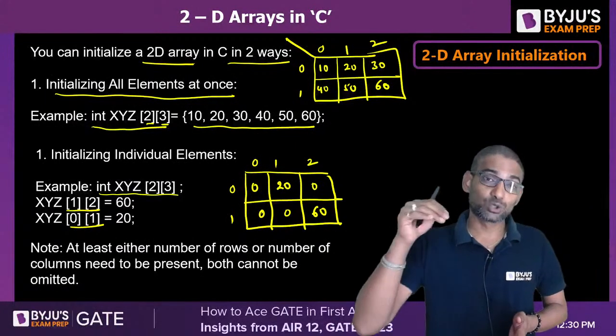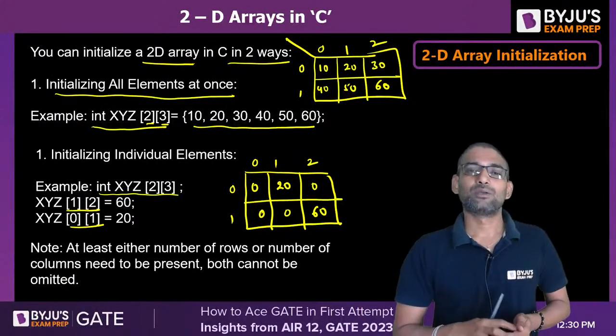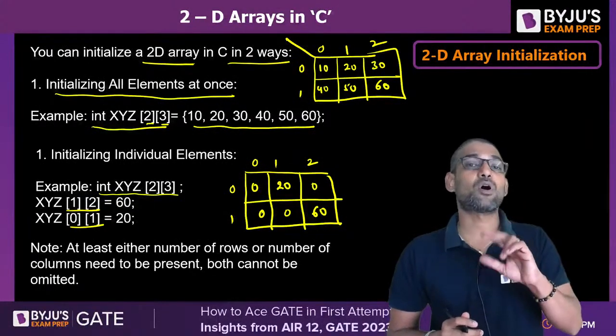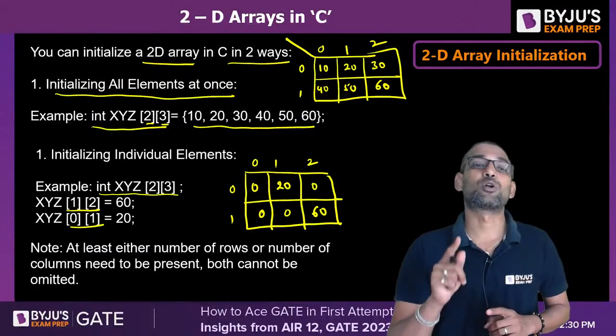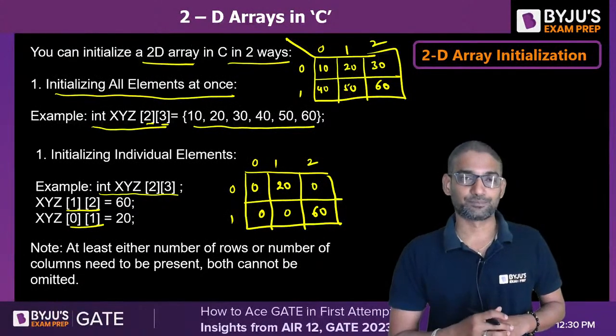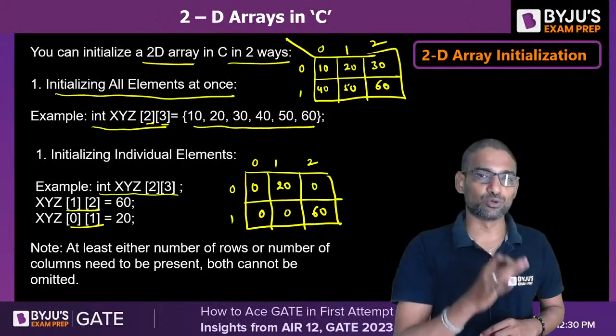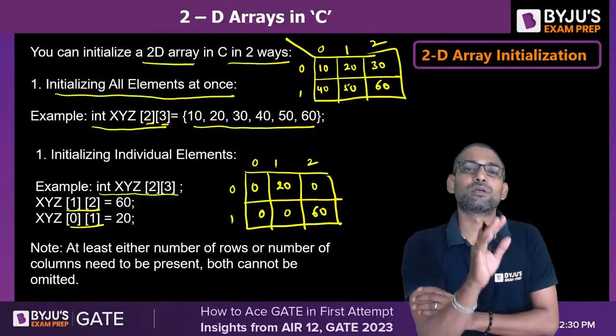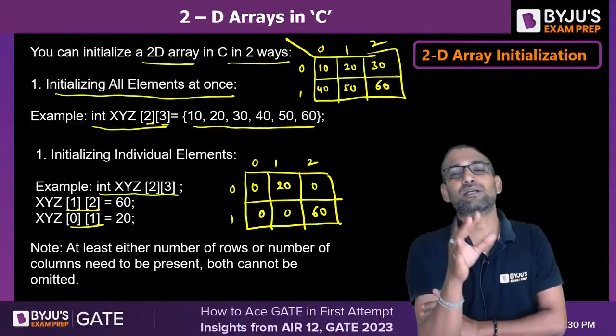But in the two-dimensional array, you can omit what? Either number of rows or number of columns, but not both. You may mention 2 rows and leave number of columns. You entered 6 values, 2 rows you said, so columns is understood as 3.